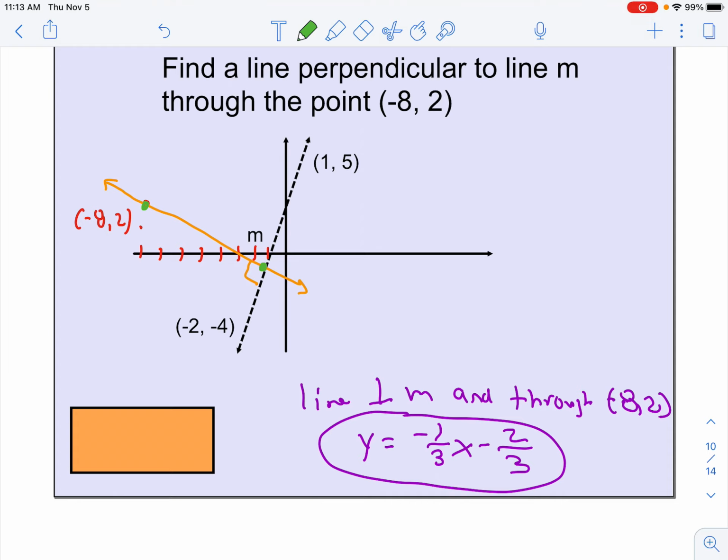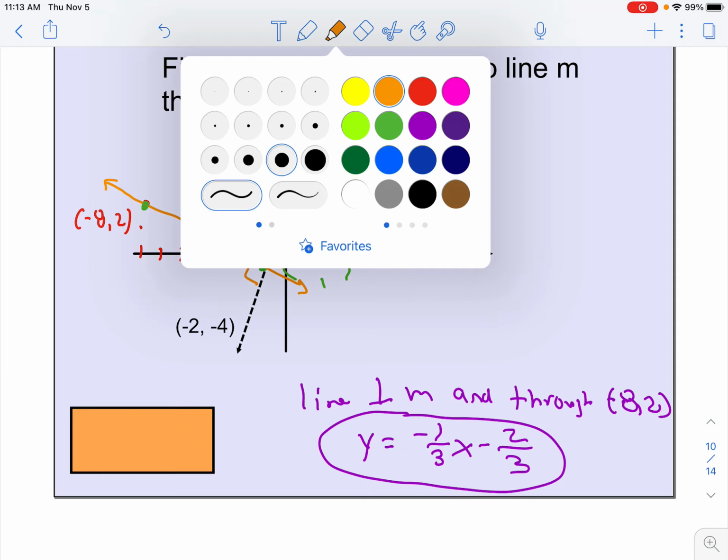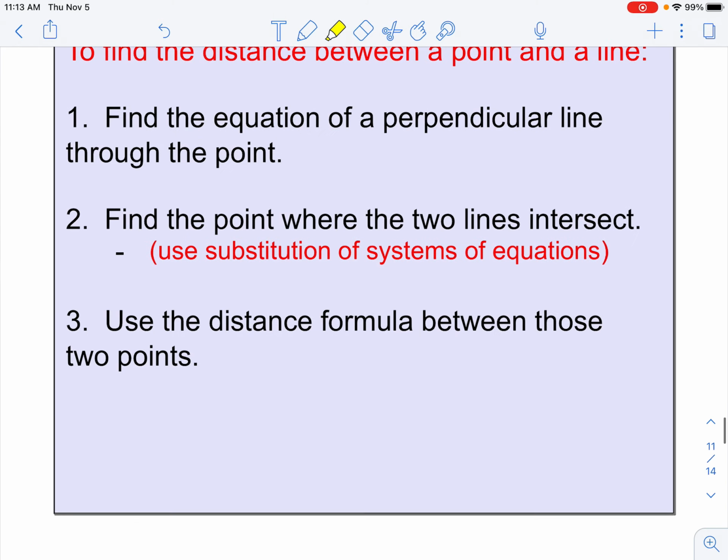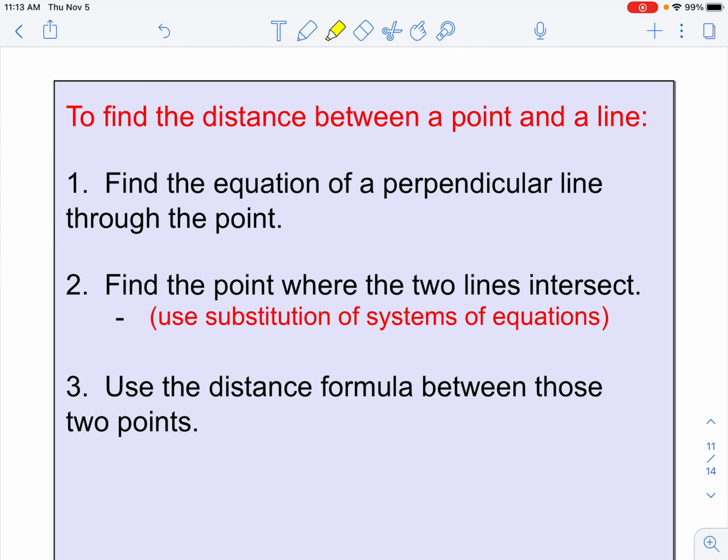Oftentimes what we need to do here is find out what that point is. Then we can use those two points and easily find the distance, but the problem is getting that point. So let's look at how we can do that. To find the distance between a point and a line, first you're going to find the equation of the line that's perpendicular through the point.